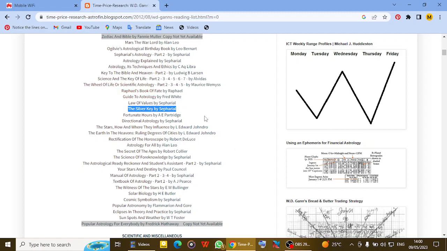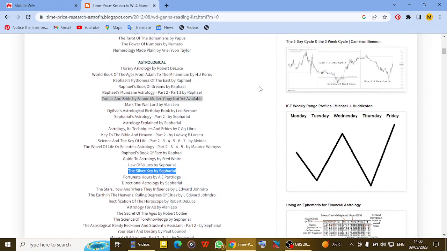There's The Silver Key and other books he has written, but based on this recommended reading list, The Silver Key is a good go for learning how to use astrology for predicting the outcomes of games.